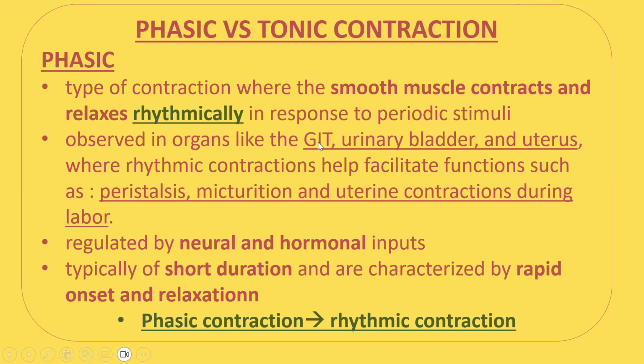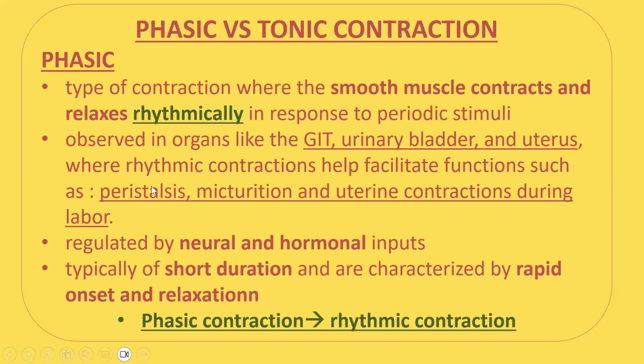This is seen in peristalsis, even in the esophagus. One contraction after another in a rhythmic state by a smooth muscle is called a phasic contraction. In the urinary bladder, when you are micturating, and in the uterus during labor, we need rhythmic contractions to induce labor.